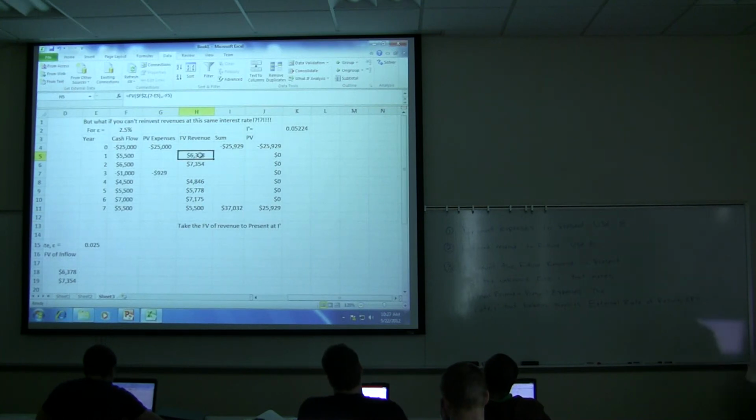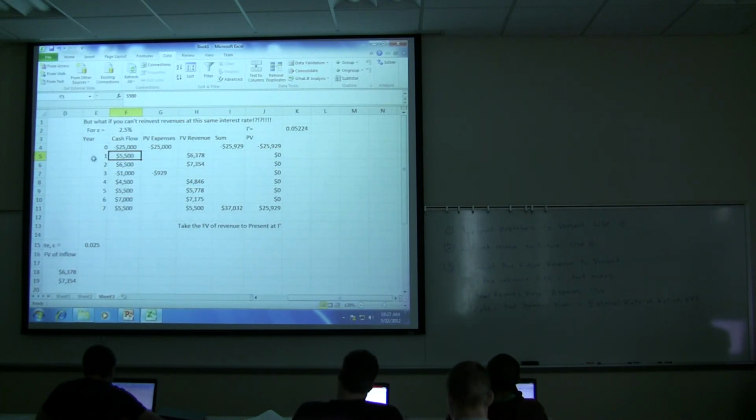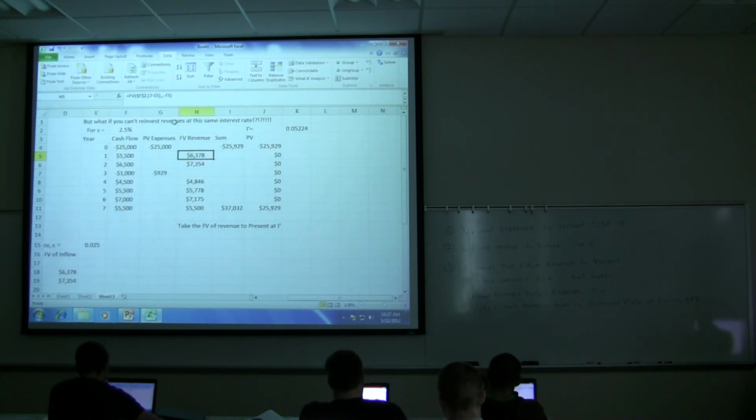All right, then step 2, compound revenues to the future. Use epsilon. So this column is where I'm taking, anytime there was a positive net cash flow, I'm taking it to year 7. So the value of $5,500 paid in now in year 7, well, if it goes into a bank account and it earns interest, if I put $5,500 into a bank account in year 1, by the time it gets to year 7, it will be worth $63.78 if that bank account was 2.5%.